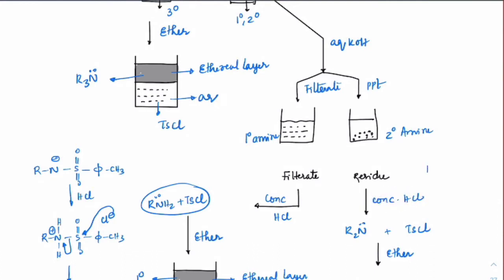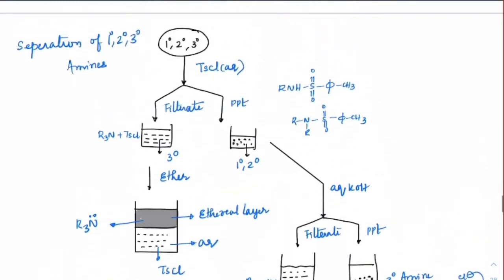So we would get this as R-N-R, S(=O), phenyl group here. On adding HCl, we will get this and then chloride will attack here, removing this. So we'll get the secondary amine here. Add some ether, so it will get back to the ethereal layer. Got it? So that is how we will separate out primary, secondary and tertiary amines.